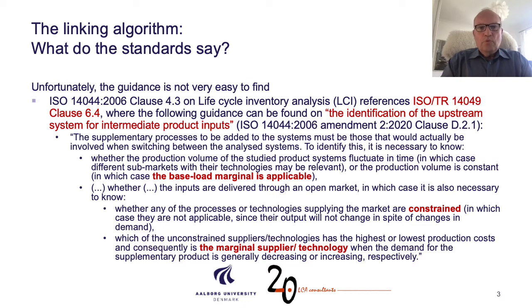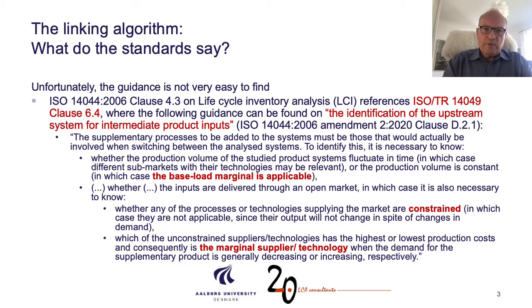In bullet 2, ISO 14049 goes on to talk about deliveries through an open market, where it's necessary also to know whether any of the processes or technologies supplying the market are constrained. If they're constrained, they are not applicable, since their output will not change in spite of changes in demand.